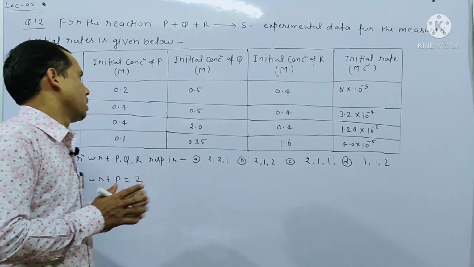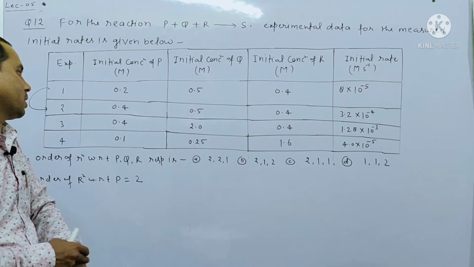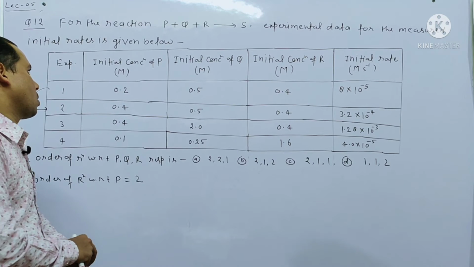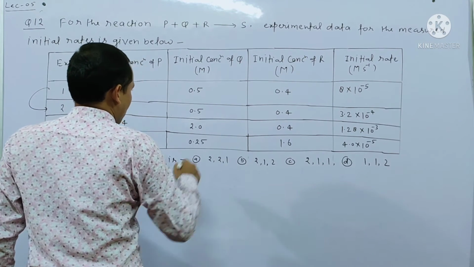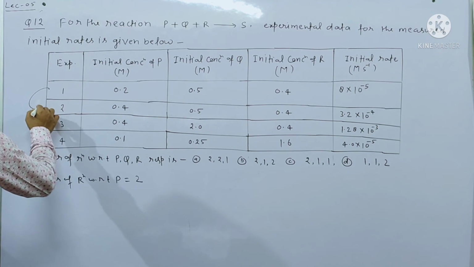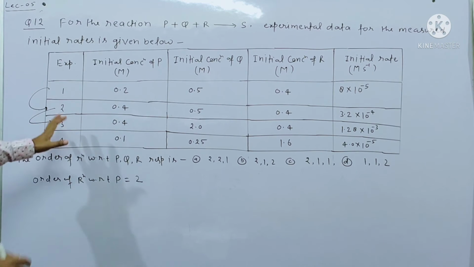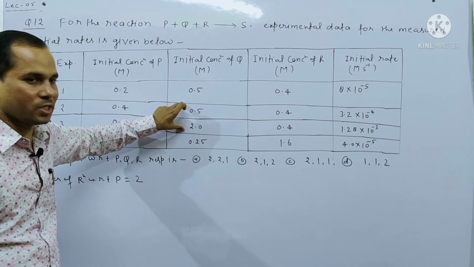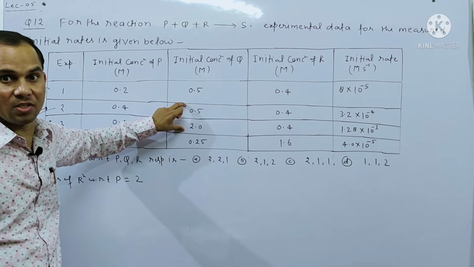Now for calculating the order of reaction with respect to Q, the concentration of Q should be changed. Let's take experiment number 2 and 3. In experiments 2 and 3, we can clearly see the concentration of Q changes, but the concentration of the remaining species does not change.